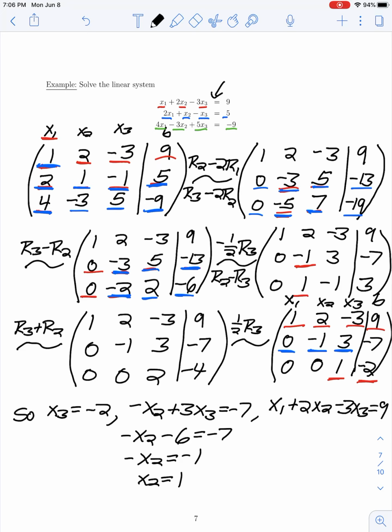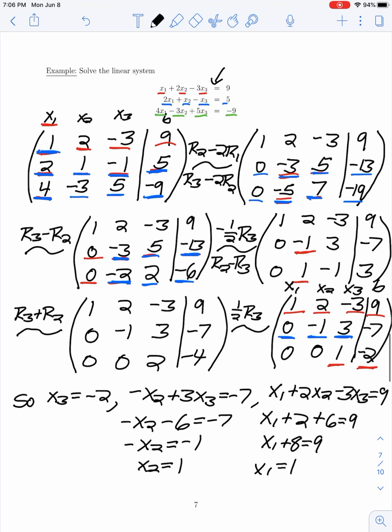Substituting in the values we've already found for x2 and x3, we've got x1 plus 2 times 1, minus 3 times -2, so that gives us a positive 6, is equal to 9. So x1 plus 8 is 9, and x1 is then 1.